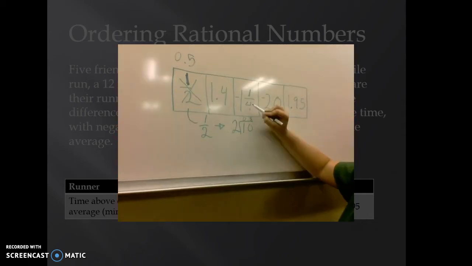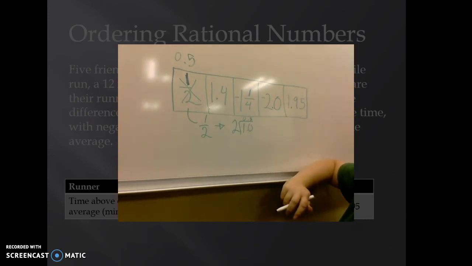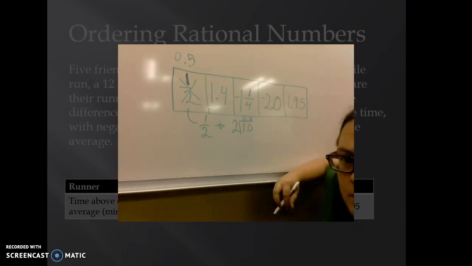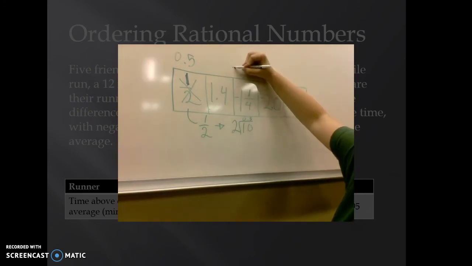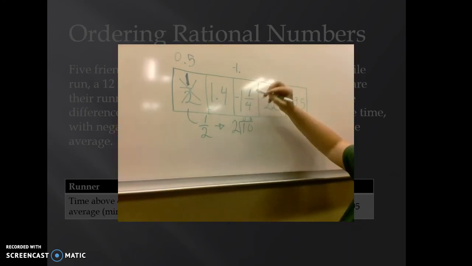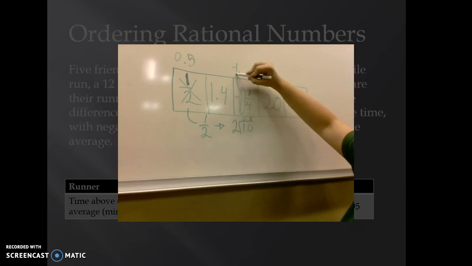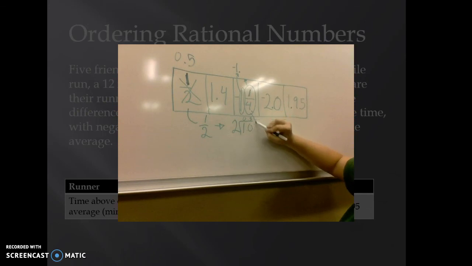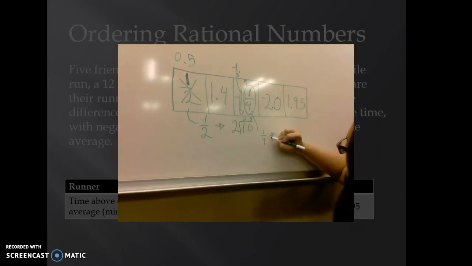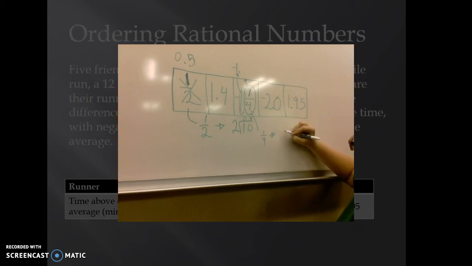Then we have 1.4. And then we have 1 1/4. Oh, it's negative 1 1/4. So we're going to have negative 1 point, because this is a whole, right? So we've got 1 whole and this part here is going to become our decimal. So 1/4 is actually 1 divided by 4.